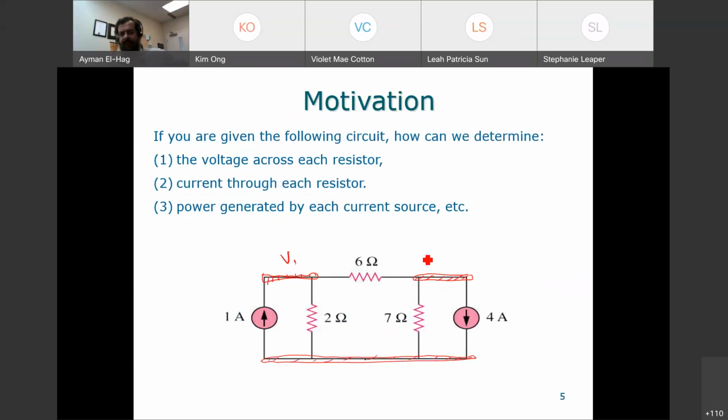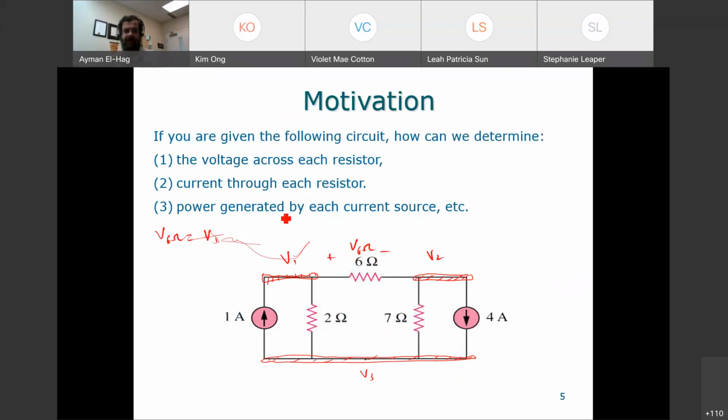Let me call them V1, V2, and V3. If I manage to know every nodal voltage, okay? Now, what if I want to find the voltage, plus minus, I will call it V across the 6 ohm. The voltage across the 6 ohm is nothing but V1.